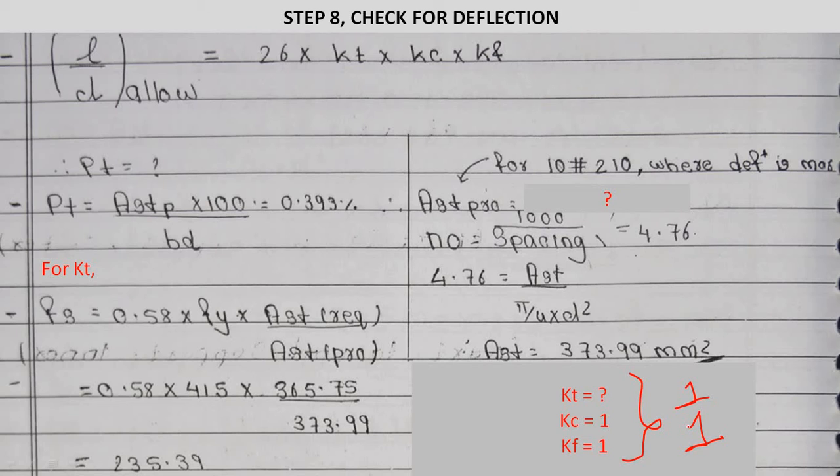First of all, we have to calculate the percentage of steel. The formula for percentage of steel is AST provided into 100 upon BD.